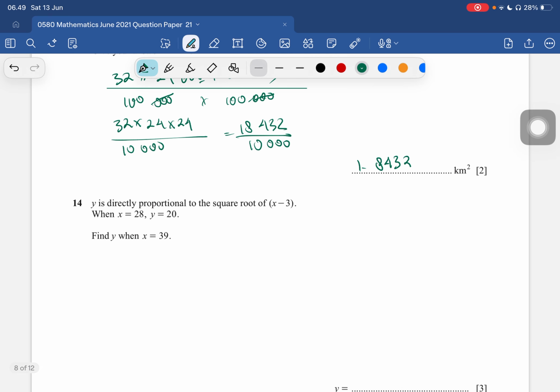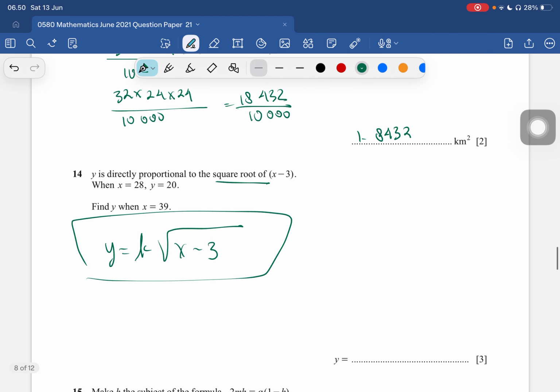Okay, next question. This is direct proportion. y is directly proportional to the square root of x minus 3. Find y when x equals 39.